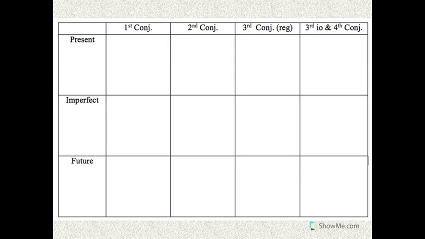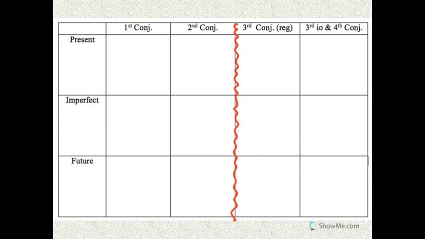Okay, now let's review what thematic vowels are used for each conjugation. I'm going to draw a little dividing line between the first and second conjugations and the third and fourth conjugations because they function just a little bit differently. So for our first and second conjugations, these 2 function very regularly.